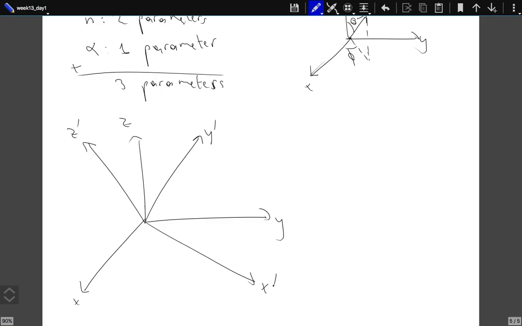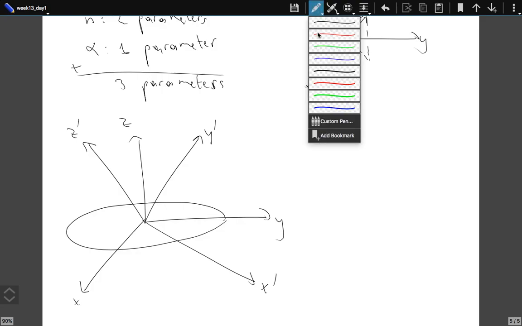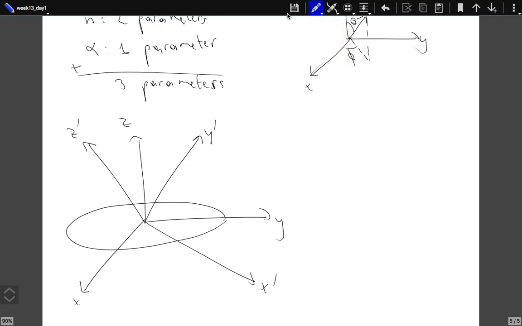Now, most of the time what we do is we just look at a disk. What happens to a disk on the xy plane after this rotation? Initially this was our disk. That is the initial disk. Let me use a different color. This is the z prime axis, this is the y prime axis, this is the x prime axis.